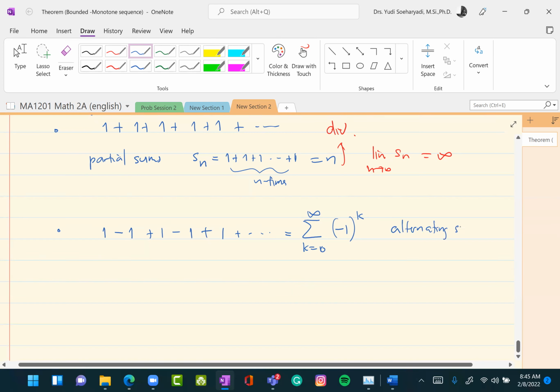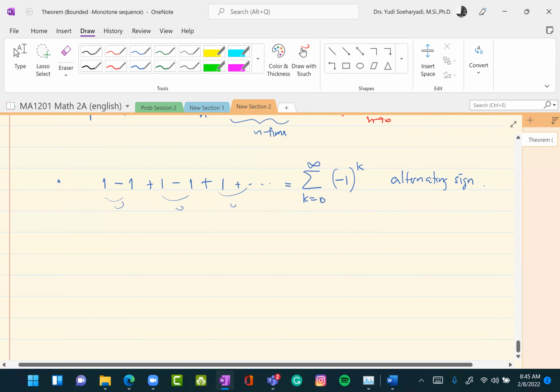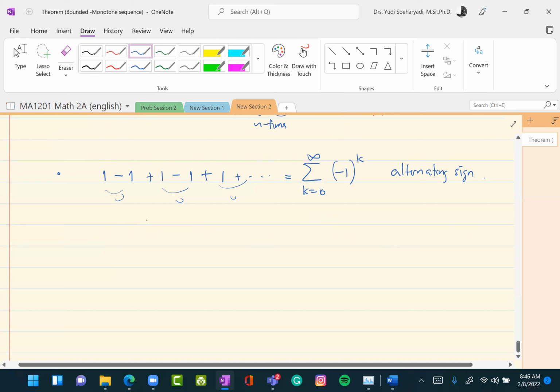So how is this a convergence? Because you have one, you subtract one, so it gives you 0. This is always 0 also, if you think pairwise: this 0, this 0, next 0, 0. Is it correct that this should be 0? There's questions.